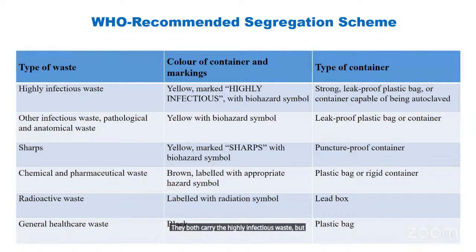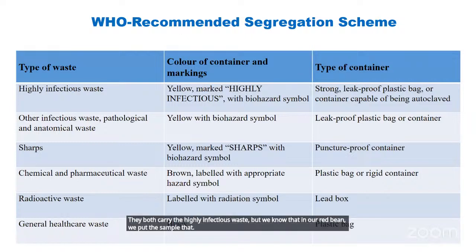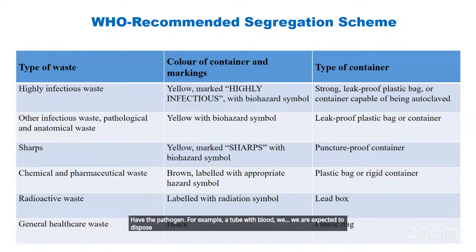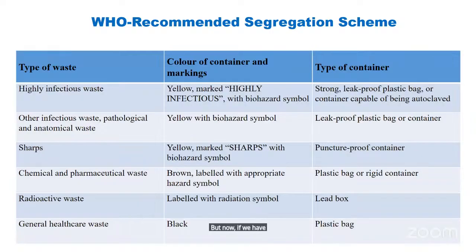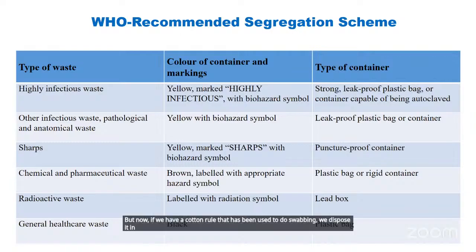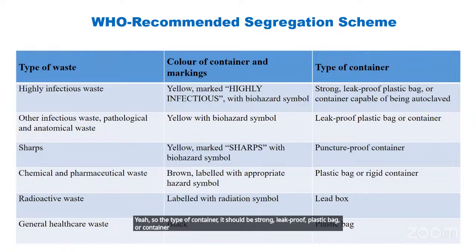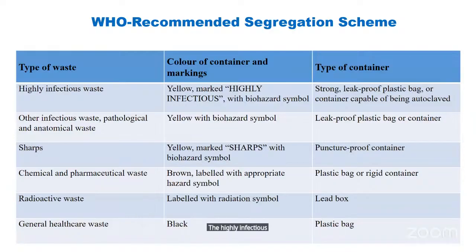But in our red bin, we put samples that have the pathogen. For example, a tube with blood, we are expected to dispose of in a red bin. But if we have a cotton wool that has been used for swabbing, we dispose of it in a yellow bin. The type of container should be a strong, leak-proof plastic bag or container capable of being autoclaved, especially for the highly infectious waste that goes into red.